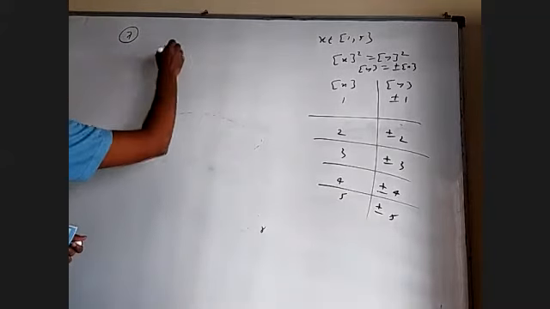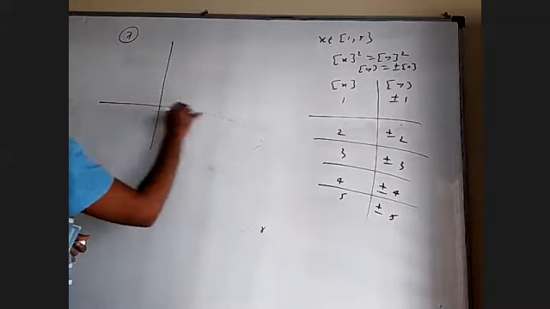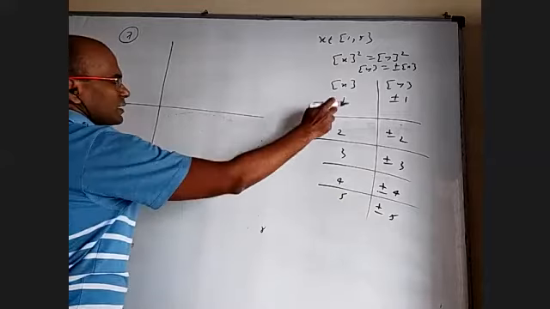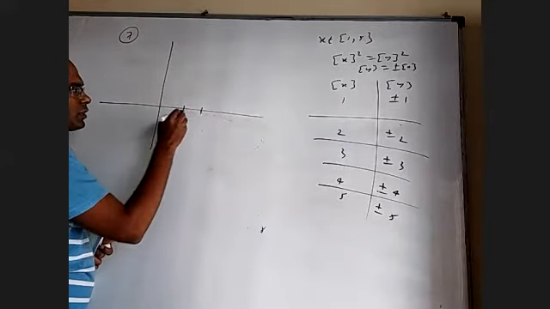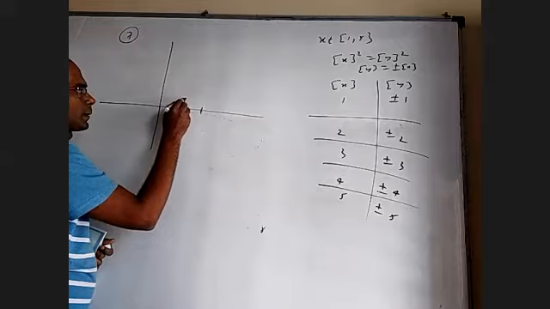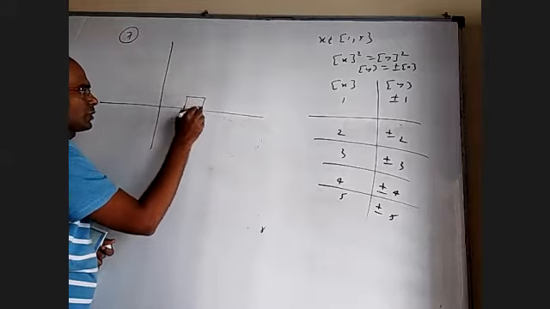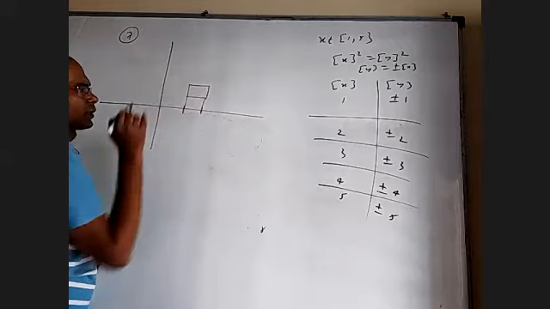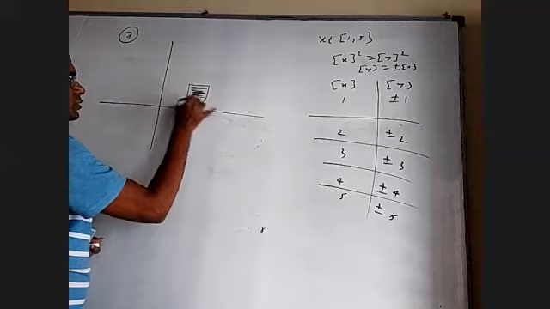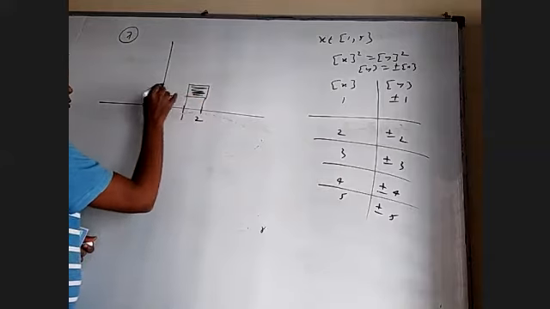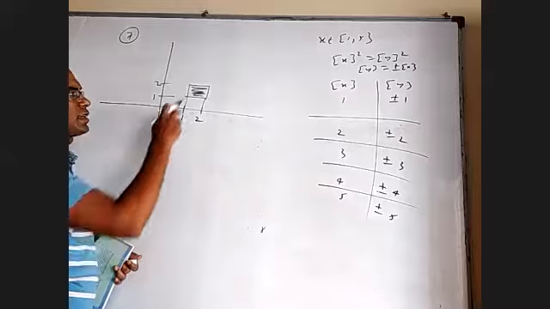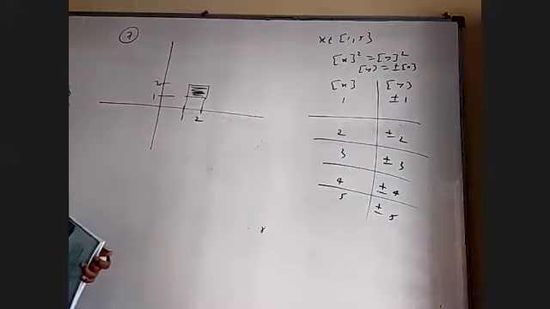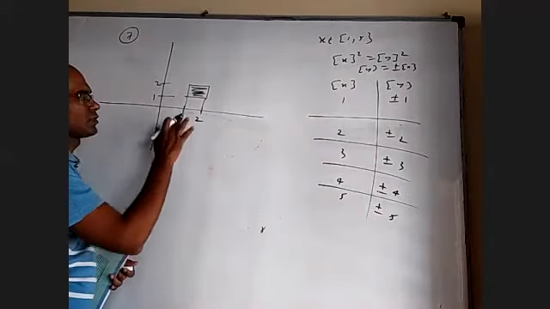If you look at the graph, coming to this, integer part of x is 1 and integer part of y is 1 or minus 1. Where is that figure? Leave one unit and the next one. If I take this, where x is between 1 to 2, y is also between 1 to 2, then integer part of x is 1, integer part of y is 1. If you want integer part of y to be minus 1, it is between 0 and minus 1.